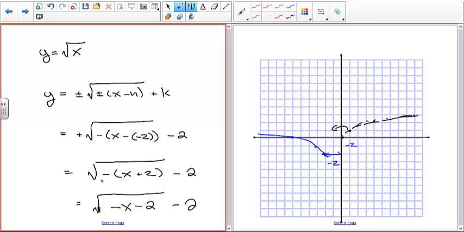Now, this was fine. Some people wrote that out, but I'm not sure how you reasoned your way to that. You really either have to get into this form or you have to start at this form. But you always have to have negative the quantity something if you have a y-axis reflection.